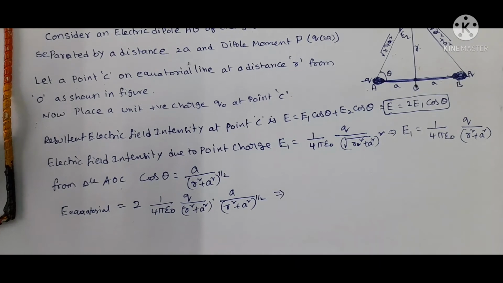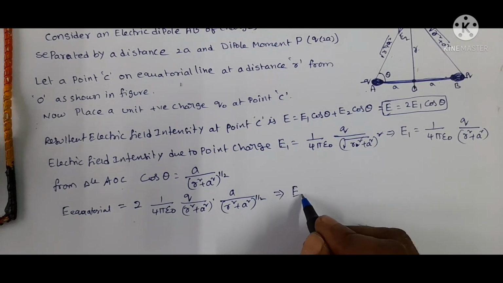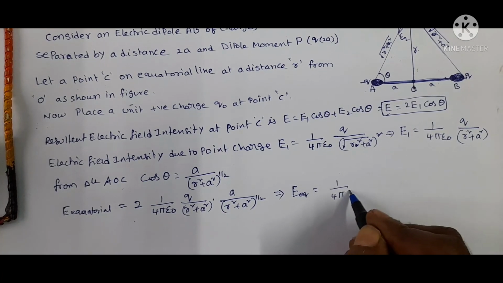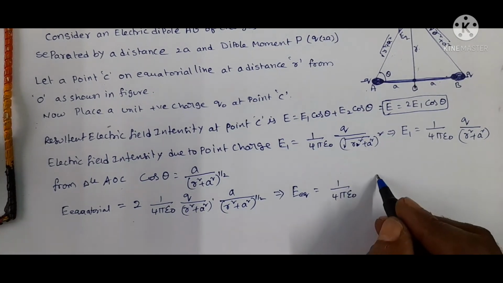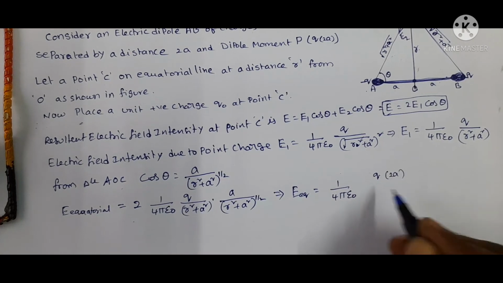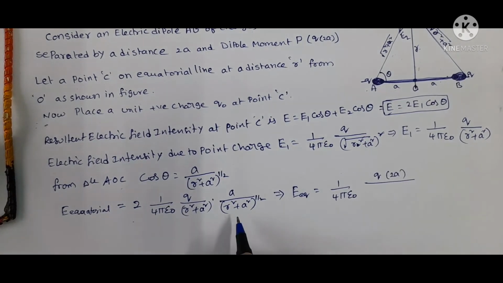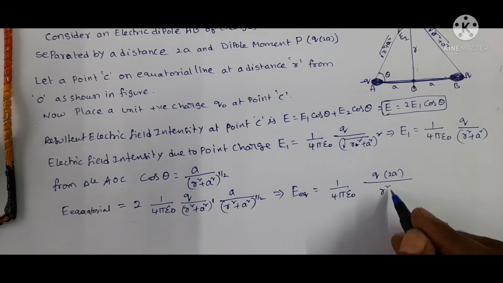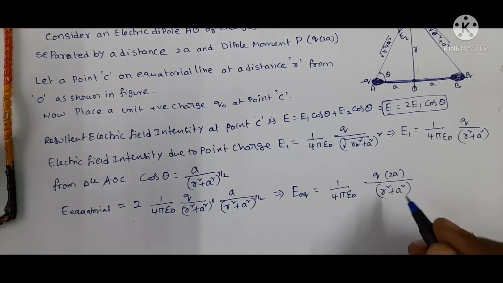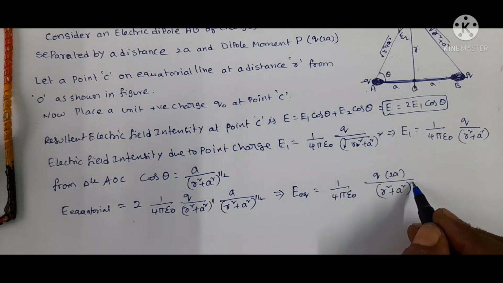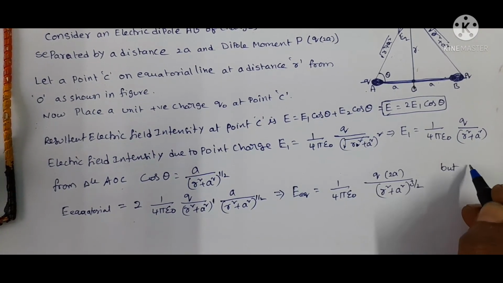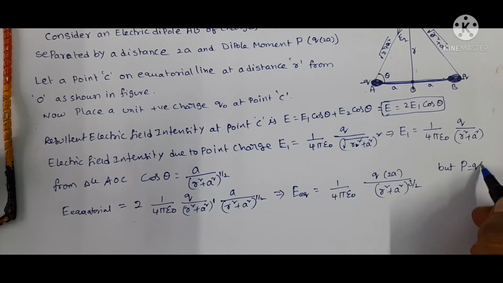Now substituting, we get E equatorial is equal to 1 by 4 pi epsilon naught Q into 2A by R square plus A square whole power 1 plus 1 by 2, that is 3 by 2, since the bases are equal and the powers should be added. But we know that dipole moment P is equal to Q into 2A.